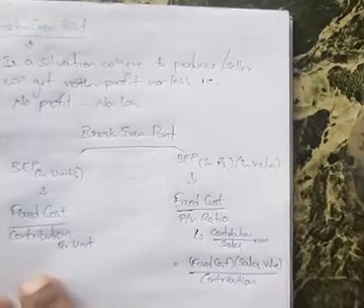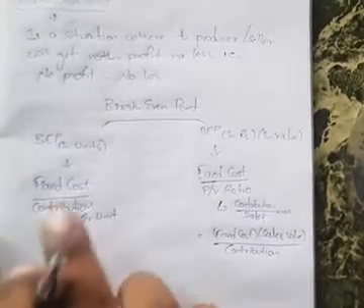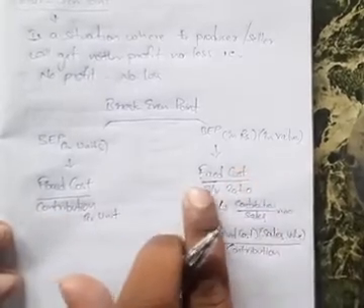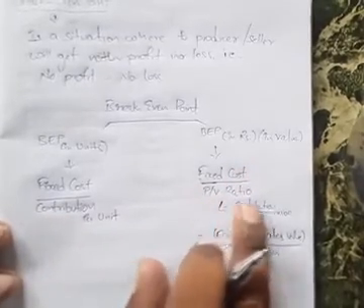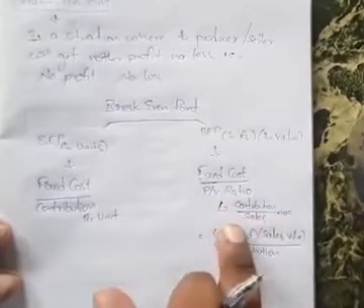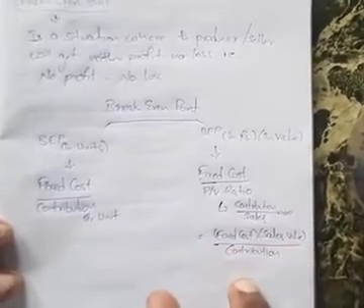So this is about break-even point. In units it is fixed cost by contribution. In values, it is fixed cost by PV ratio, and you know PV ratio is contribution by sales into 100.